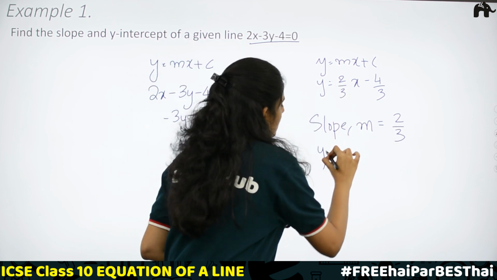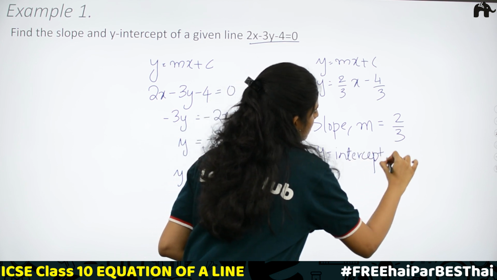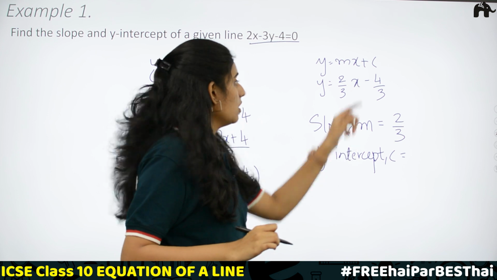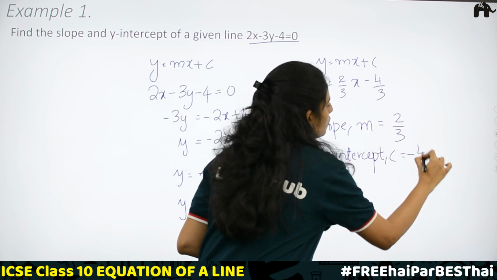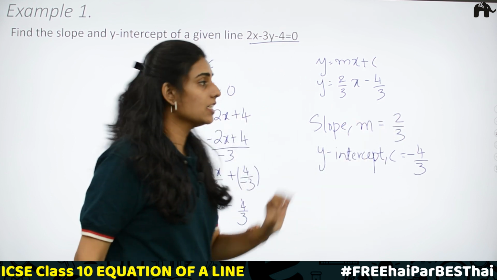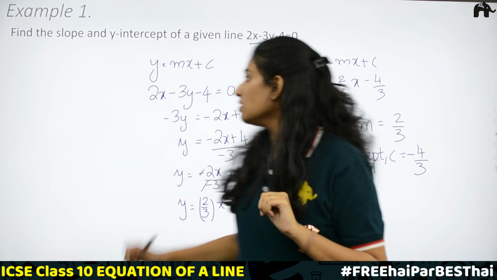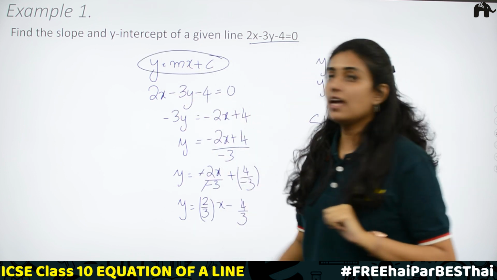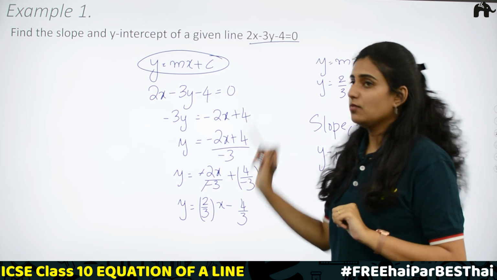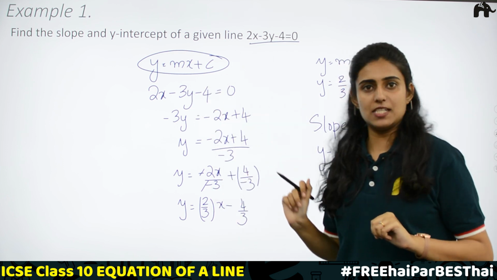Then y-intercept. Y-intercept is c. That is the constant with its sign. Here we have c equal to minus 4 by 3. So we determined the slope and the y-intercept. What is to be done? We have to convert the given equation in the form y is equal to mx plus c. Comparing with this, we get the values of slope m and the y-intercept c.